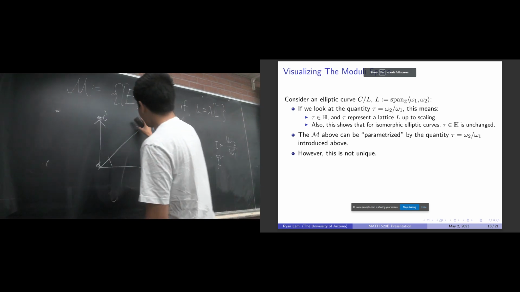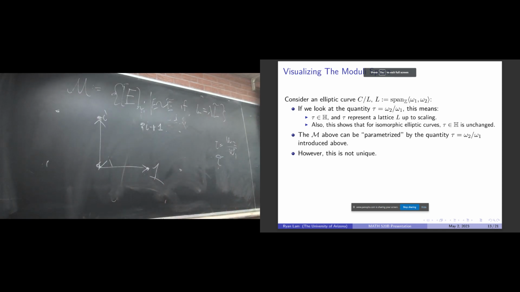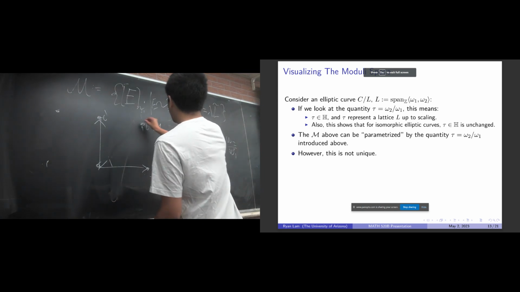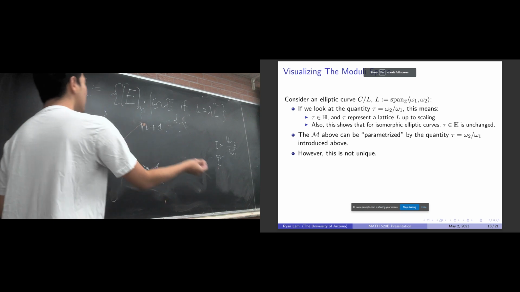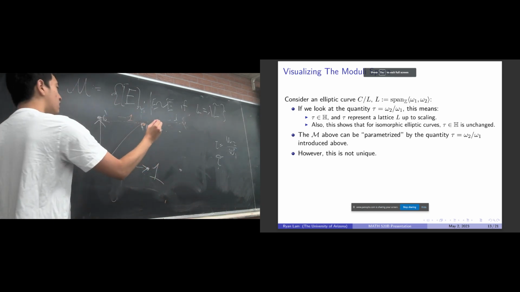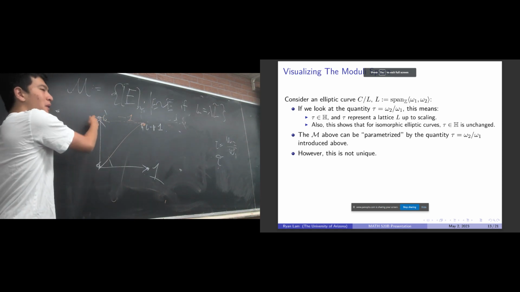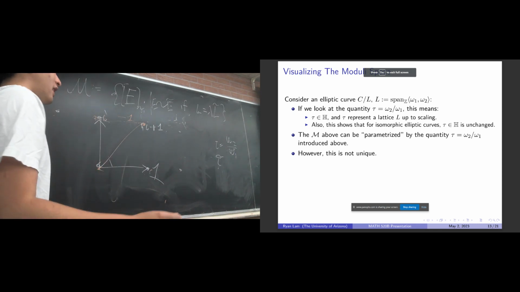But if I take 1 and i plus 1, they also span the same lattice. Why? Because I can simply take -1 to be here, and then this point is spanned by 1 and i plus 1. So you can see that they indeed span the same square lattice.